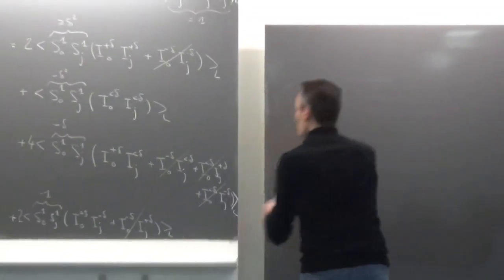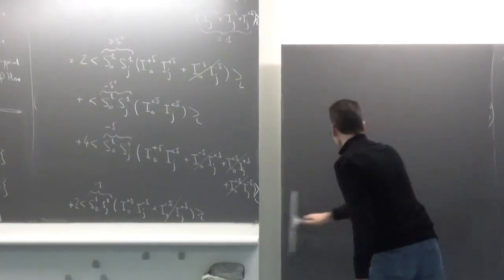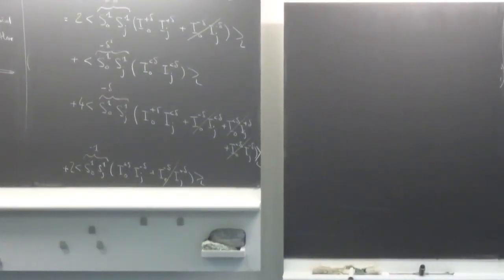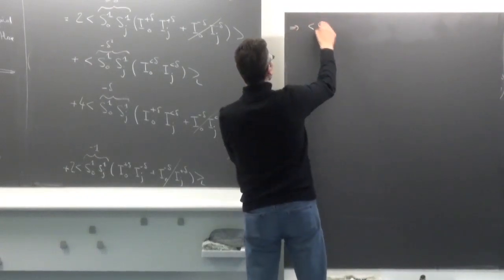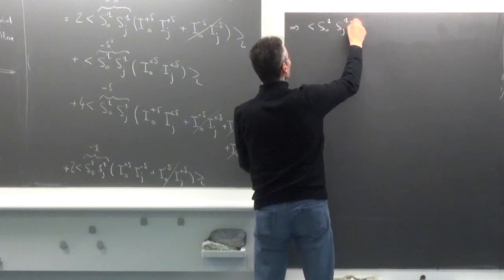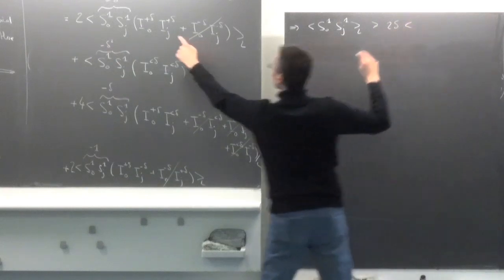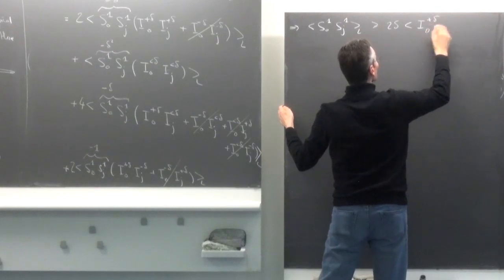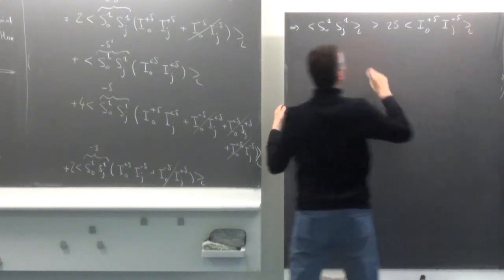Let me just write what we get. Just check that I have not written something wrong. Oh, I think it's correct. So let's see, we get that S01 Sj1 is larger or equal. So we said 2 delta squared times the expectation of this product, plus delta I0 plus, I minus delta j. Okay, that's the first term.